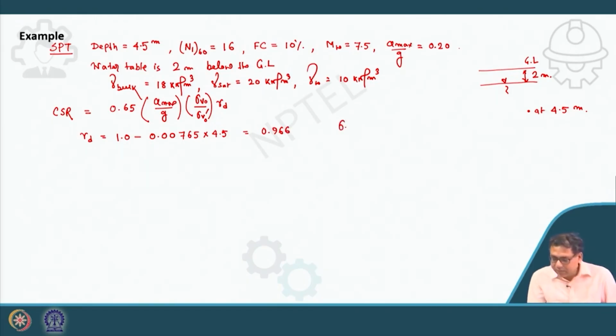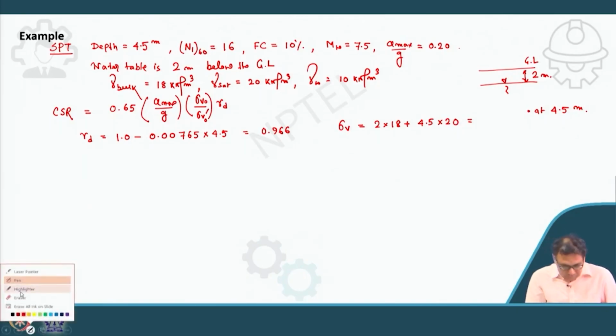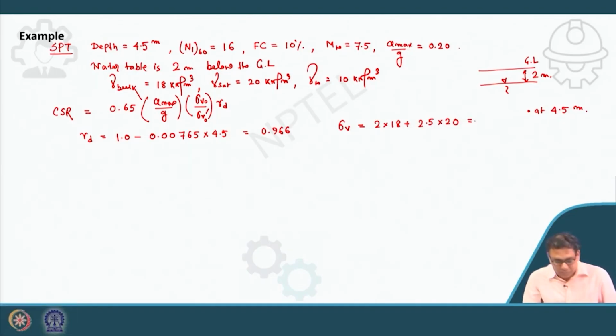So my sigma V, or sigma V0, is equal to total 2 into 18 plus 4.5 into 20. Sorry, it is 2.5. It will be 2.5 into 20.